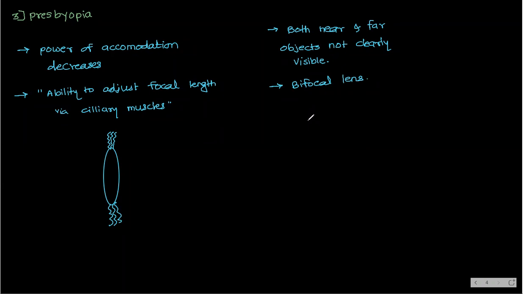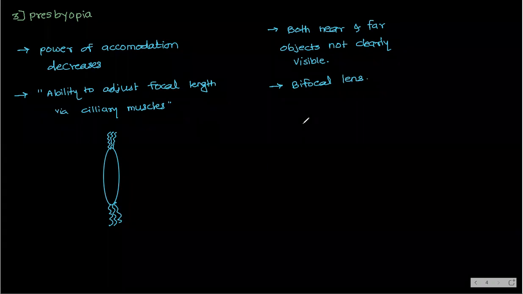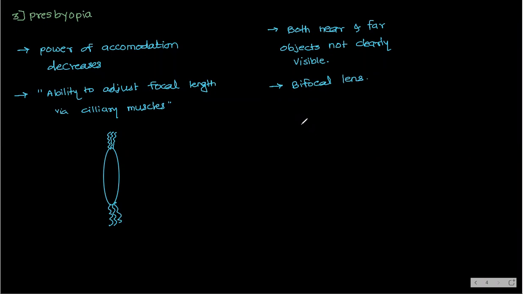Sometimes if you have seen some old people's spectacles, down there is one circle type of thing. That lens will allow them to see the distant or the near objects also. That is what bifocal lens is. Okay, clear?